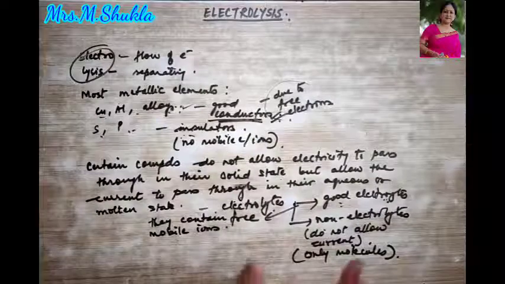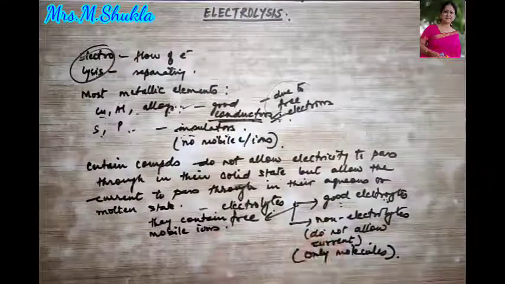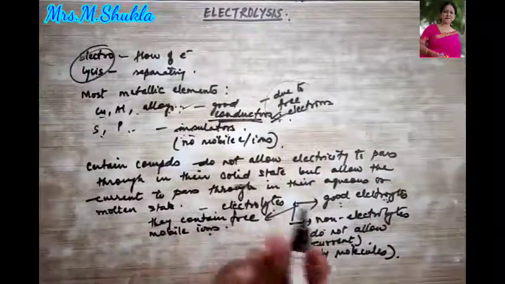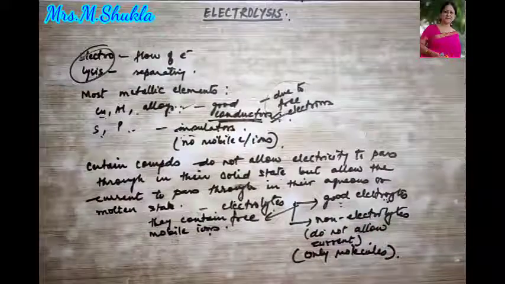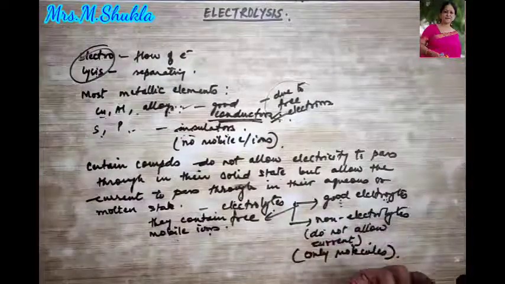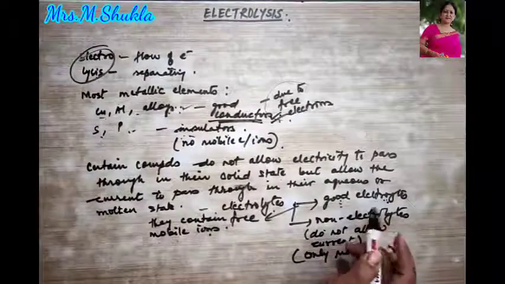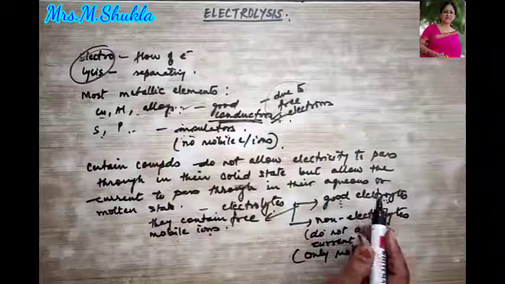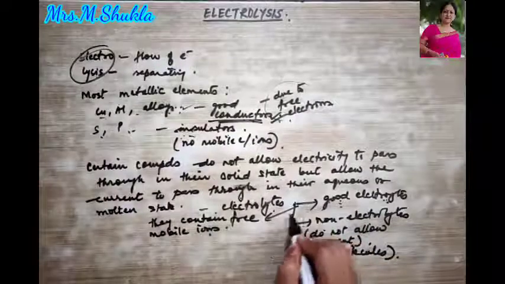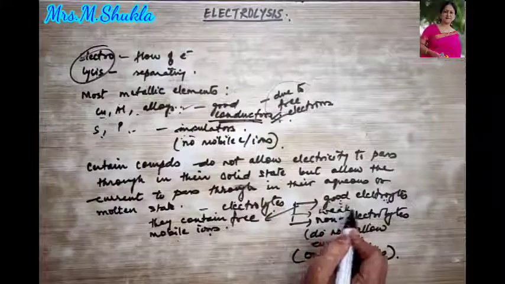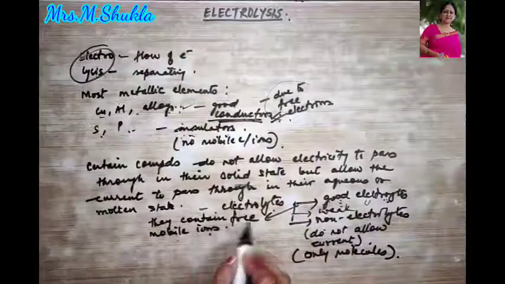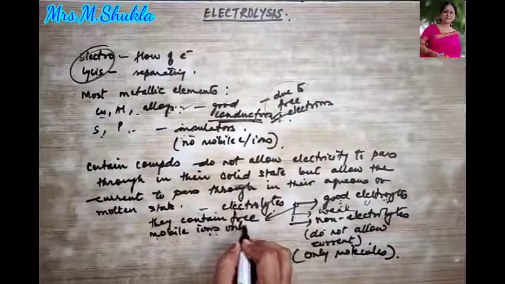Now, there are also certain compounds which have mobile ions as well as molecules. What are those kinds of substances called? They are weak electrolytes. So electrolytes can be of three types: good electrolytes, weak electrolytes, and non-electrolytes. Good electrolytes contain free mobile ions only.